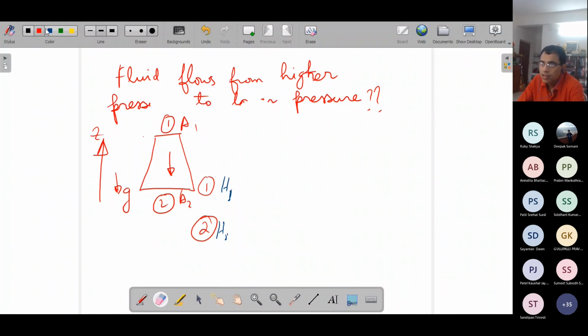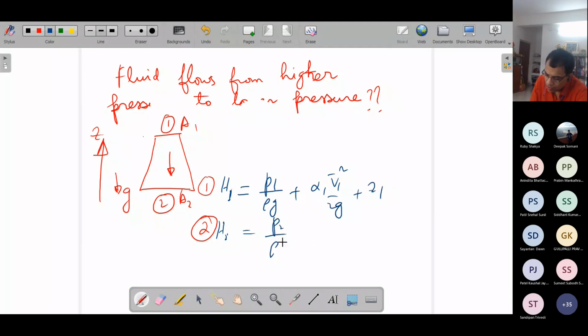So H1 in terms of the head will be what? Let us say P1 by rho g plus alpha 1 V1 square by 2g plus Z1, P2 by rho g plus alpha 2 V2 square by 2g plus Z2.